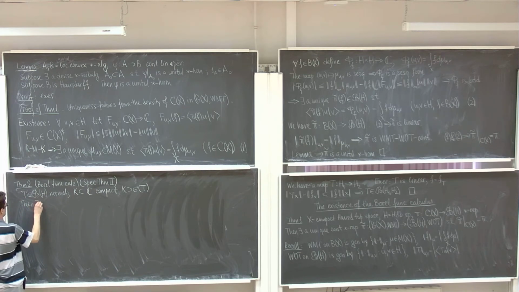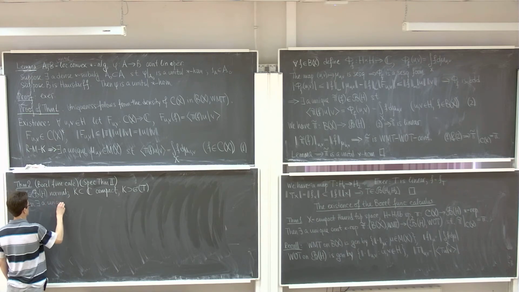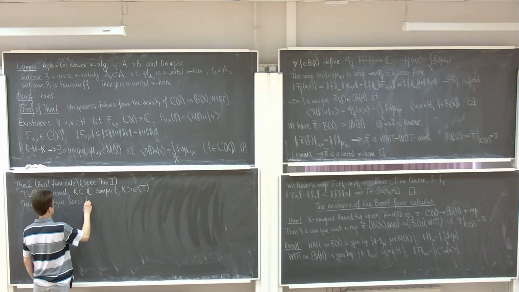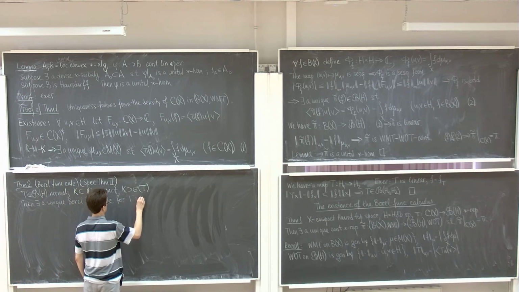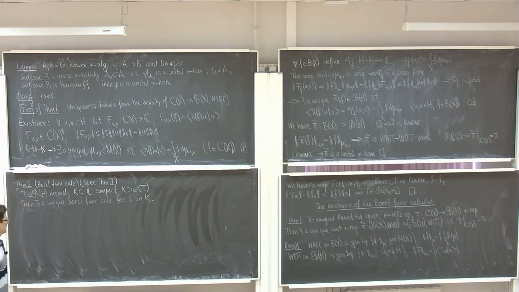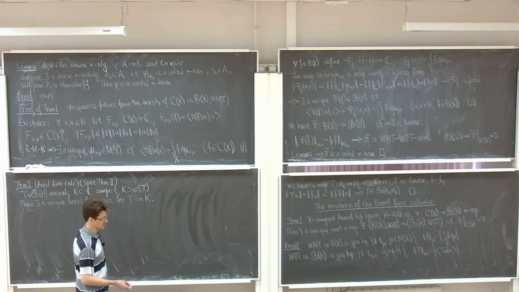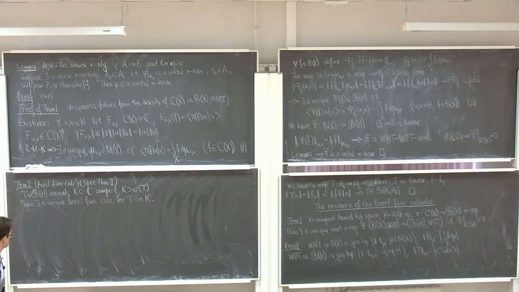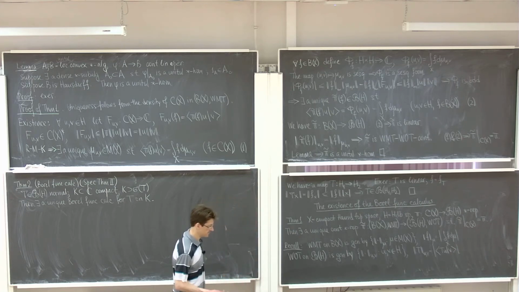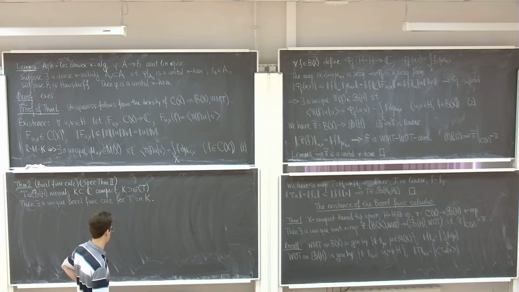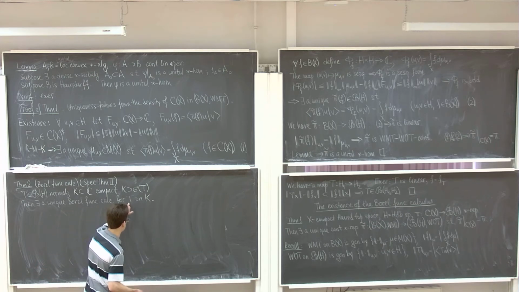Then there exists a unique Borel functional calculus for T on K. That is, there exists a unique continuous unital star homomorphism from the algebra of bounded Borel functions on K to the algebra of bounded operators on H. This homomorphism is continuous in the same sense as in Theorem 1, and it takes the coordinate, that is the inclusion map from K to the complex plane, to our operator T.